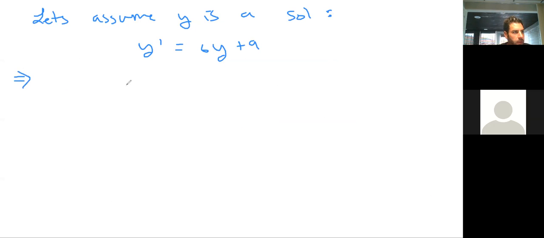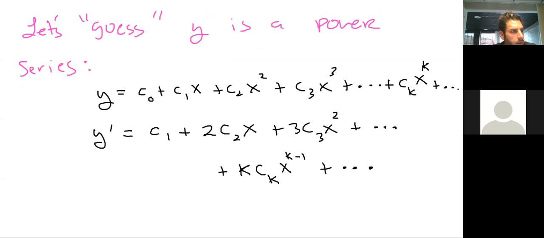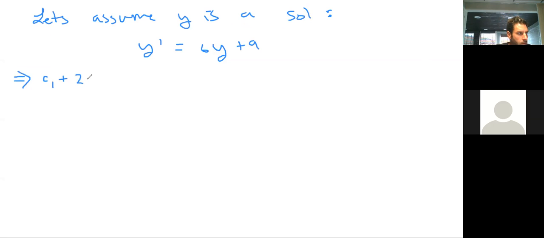Let's plug in the left-hand side. Well, the left-hand side of this, we know what it is. From the previous page, it's C1 plus 2C2x, and then plus 3C3x squared, etc. And then on the right-hand side, it's 6 times y.